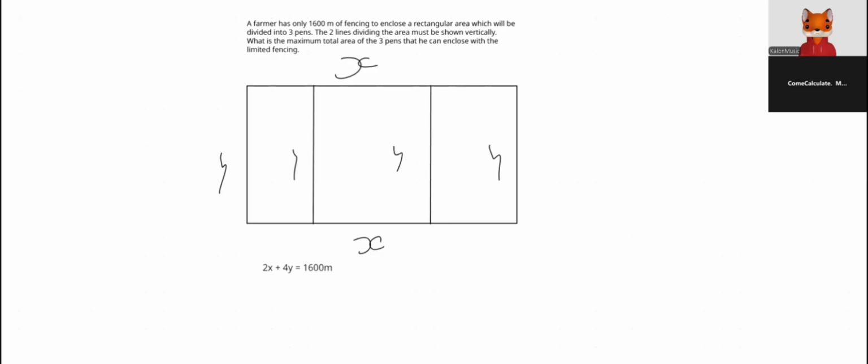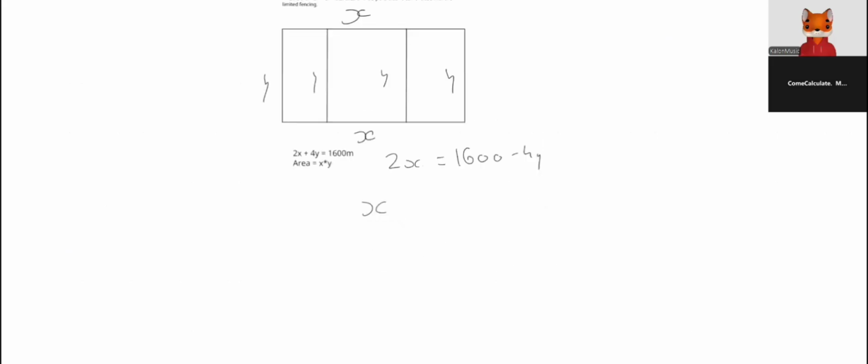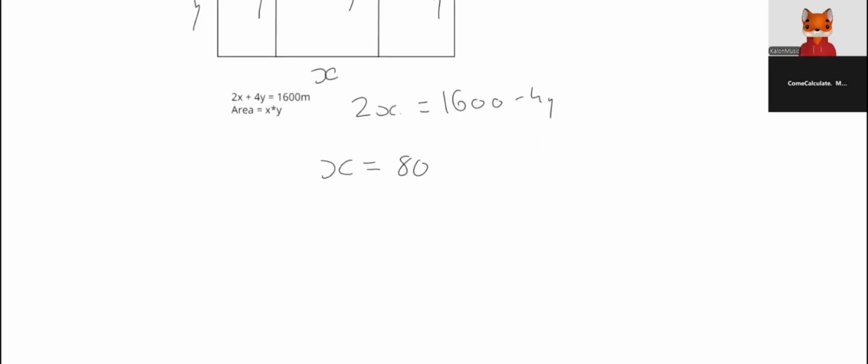Now we must relate the two variables like this. 2x equals 1,600 minus 4y. Great. So we can simplify this to x equals 800 minus 2y. This is if we divide this by 2.